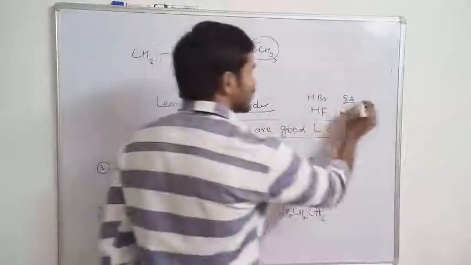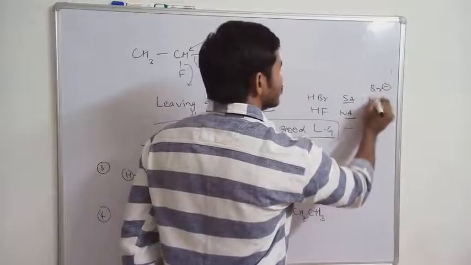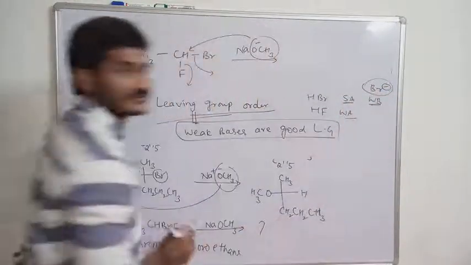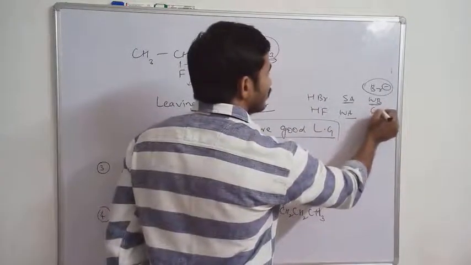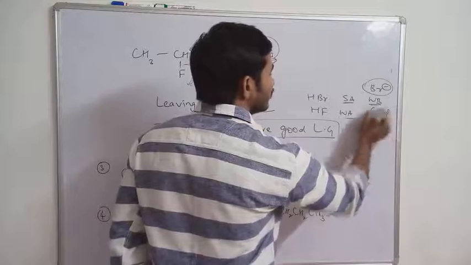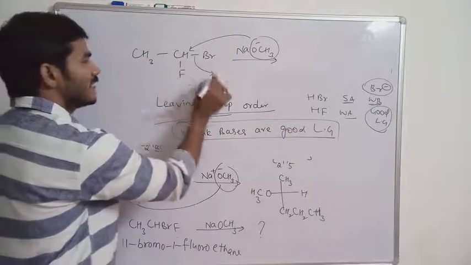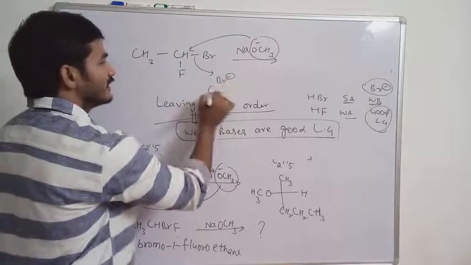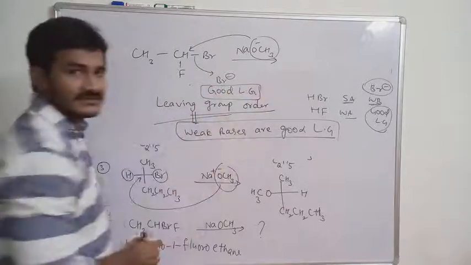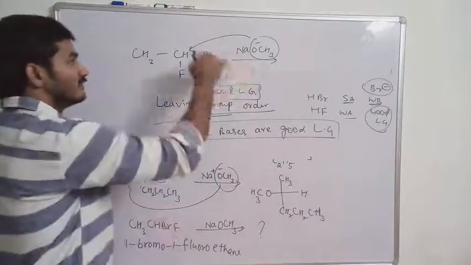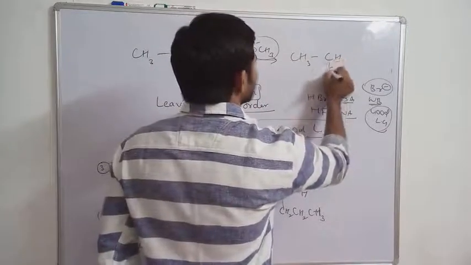So when HBr is a strong acid, Br minus becomes what? A weak base. Br minus becomes a weak base. So when Br minus is a weak base, it is said to be a good leaving group compared to F minus. Okay. So F minus will not be eliminated. Br minus is eliminated because Br minus is a good leaving group. So instead of Br, the nucleophile will be substituted here, with F and CH3.